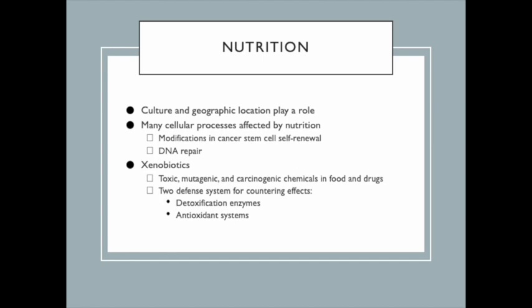Most xenobiotics are transported in the blood by our lipoproteins, so they connect to one another, and then they penetrate the lipid membranes, and therefore they can move throughout the body. They react with cellular macromolecules such as proteins and DNA, and they can react directly with other cell structures that can cause overall damage to the cells.